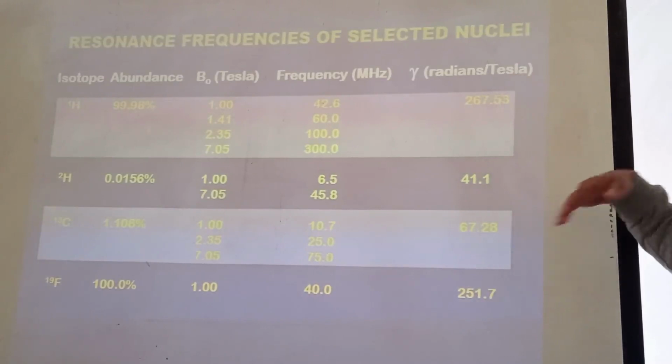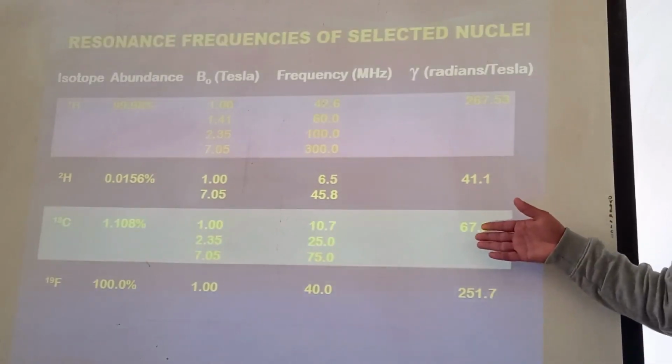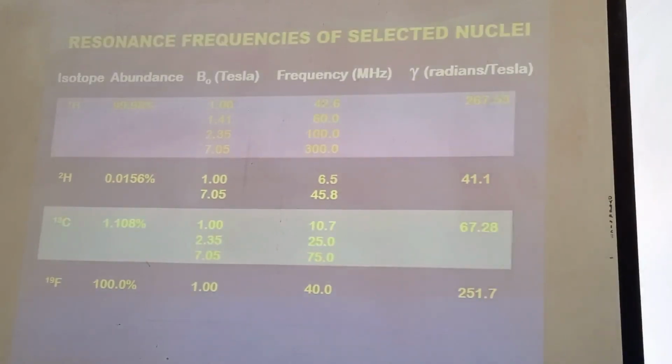What is the difference between their gyro-magnetic ratio? It's higher for proton, but how much? कितने times ज़्यादा? How many times the gyro-magnetic ratio of proton is higher than that of carbon-13? Again, 4 times. इसको multiply करें, multiply this with 4, this would almost be equal to 267.